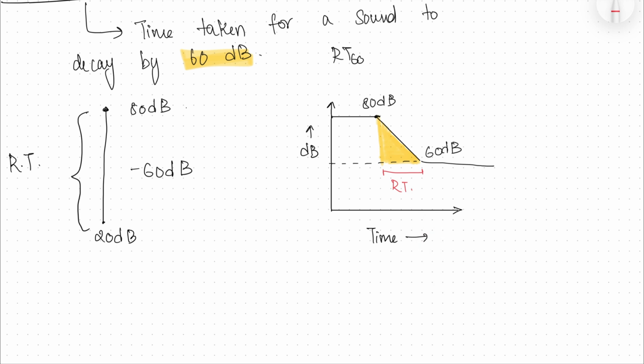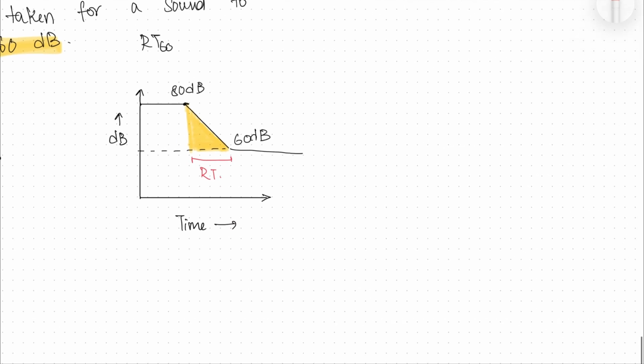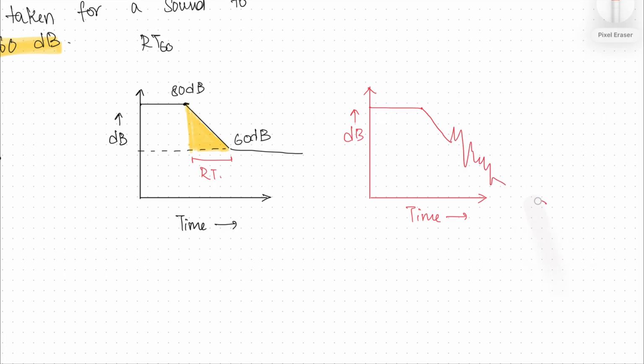Now sometimes when the sound is decaying you have spikes in the graph. So again I'll draw this. This is dB again, and this is time again. You have a steady source, the sound stops, the sound is decaying, and sometimes you have these spikes.